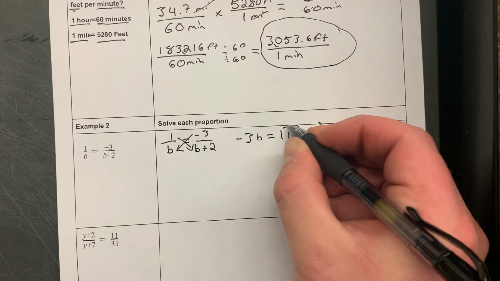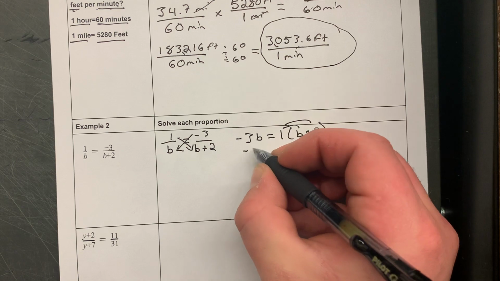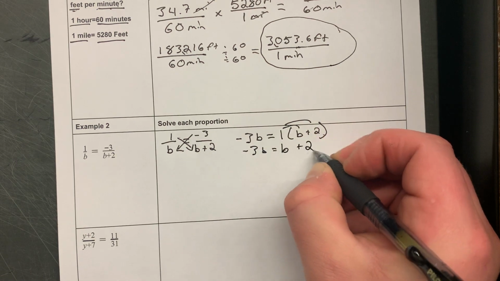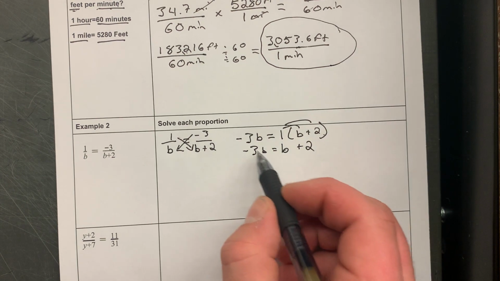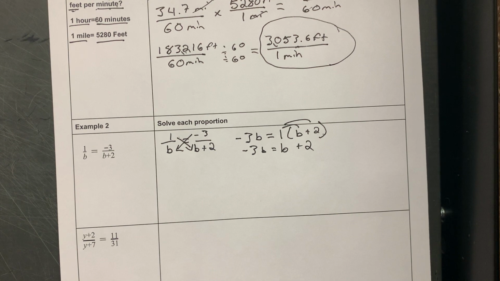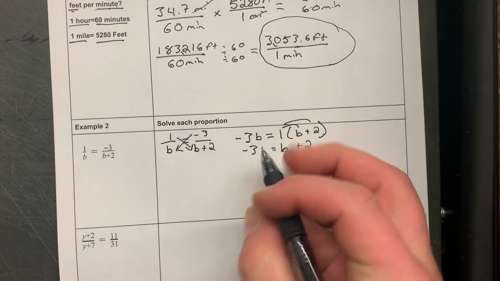And I can just distribute that out, which still gives me 1b plus 2. So I end up with the same thing in this situation.